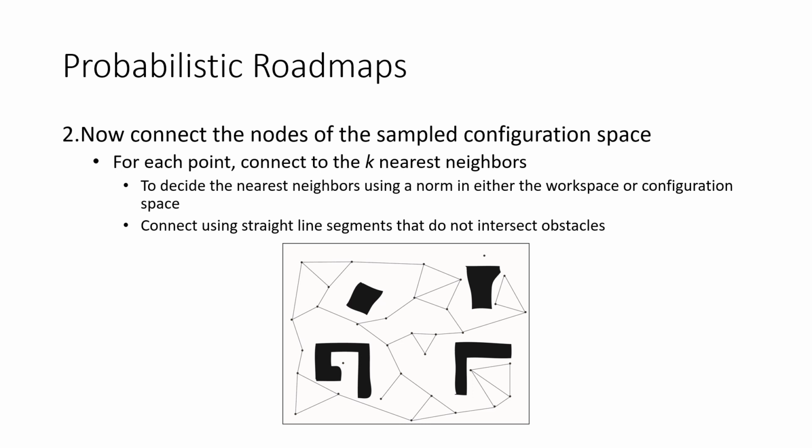Now, once you have all these nodes connected together, and by the way, you can see in this particular scenario that there are certain nodes which are not connected, for example, over here, over here. So you are going to have certain refinement steps taken, and that is going to be step number 3.